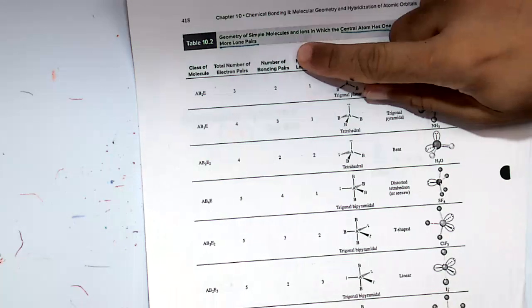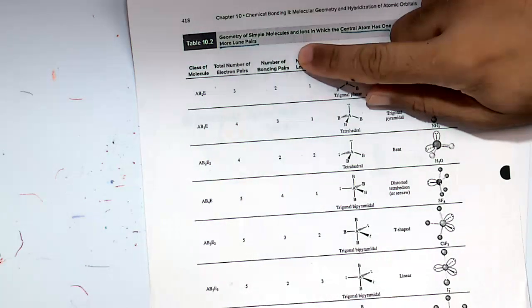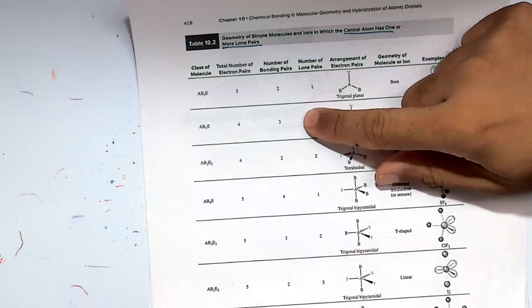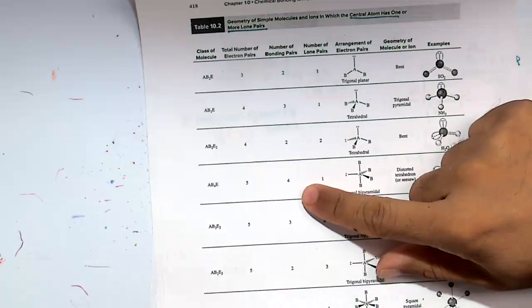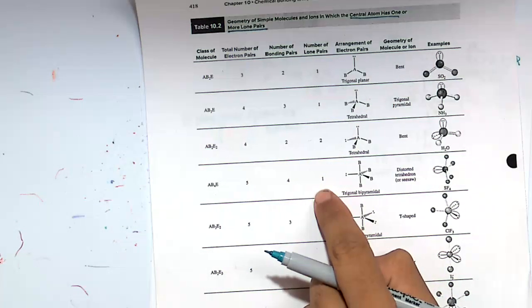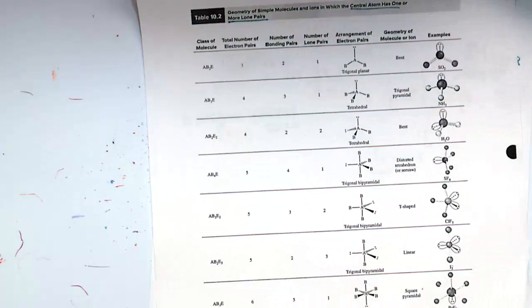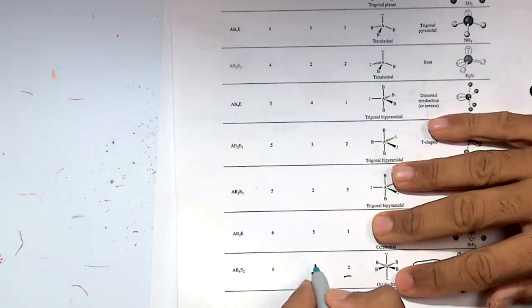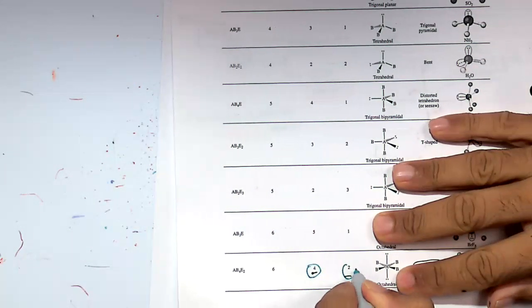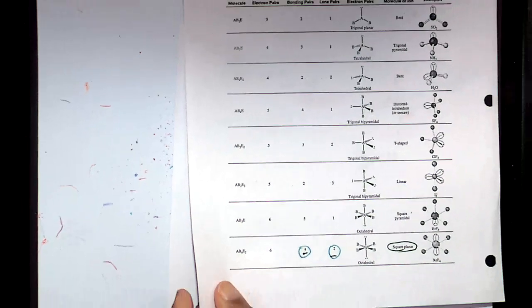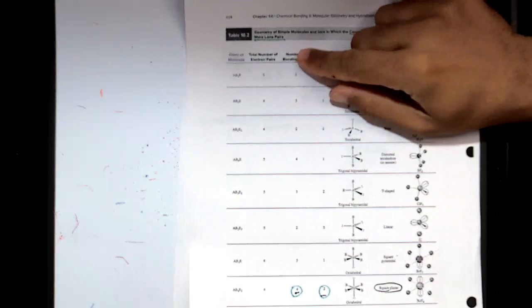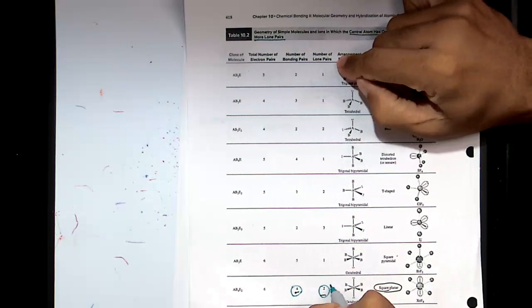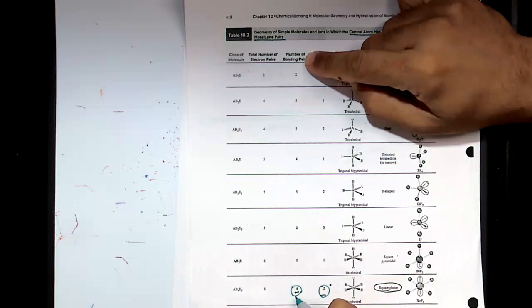So here you're going to go to number of bonding pairs. It's not 2, it's not 3, it's 4 bonds, and 1 lone pair is not right. I want you to go all the way down. 4 bonds and 2 lone pairs. Number of bonding pairs is 4.